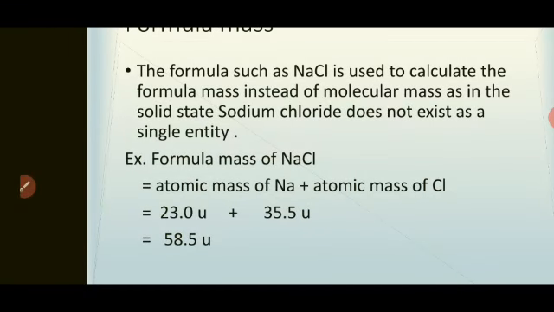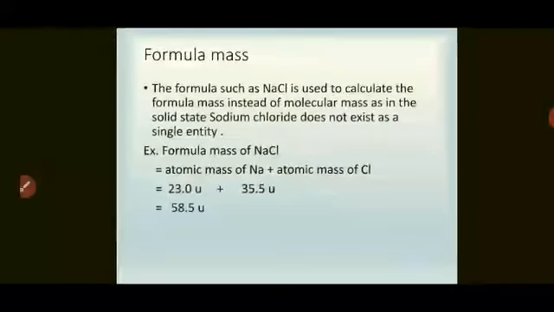Here the atomic mass of sodium is taken as 23 and atomic mass of chlorine is considered as 35.5. Whenever such problems are asked, definitely the atomic masses will be given. But some standard values you have to remember, like carbon as 12, hydrogen as 1 or 1.008 and oxygen as 16. At least these three elements you have to remember.